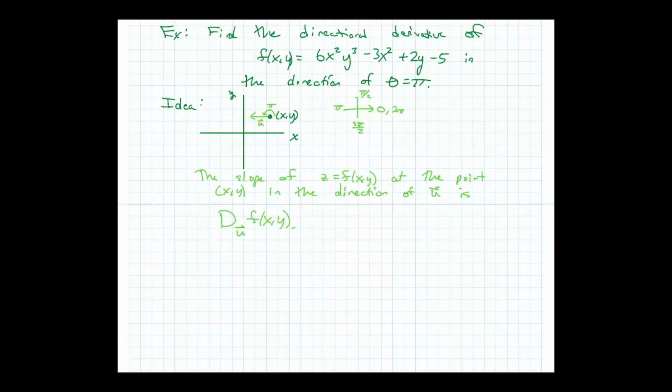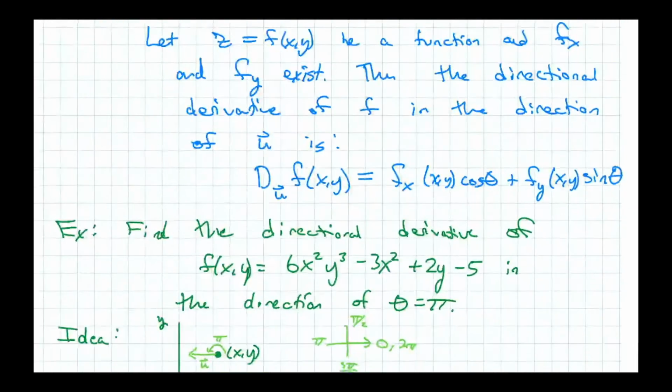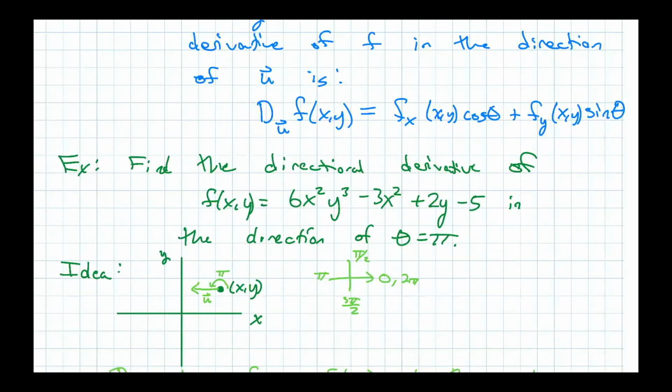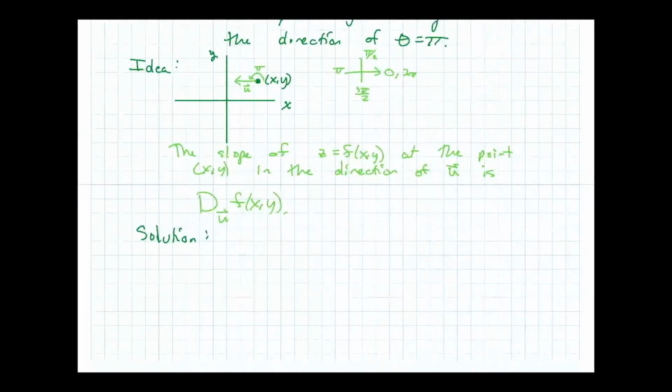In order to actually calculate this, we're referring to this theorem here. What we're going to need is the partial with respect to x and the partial with respect to y, and we need to know theta if we're going to use this formula. It's not the only formula, but we need it for this formula. Okay, so let us do this.